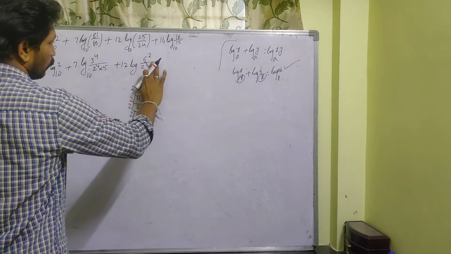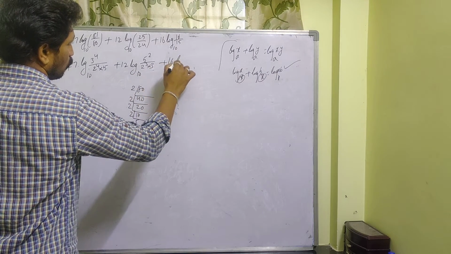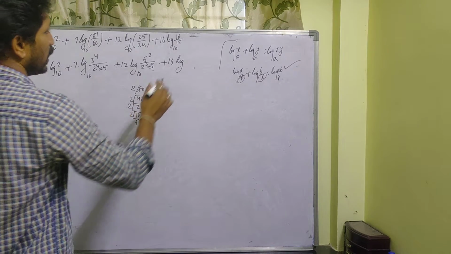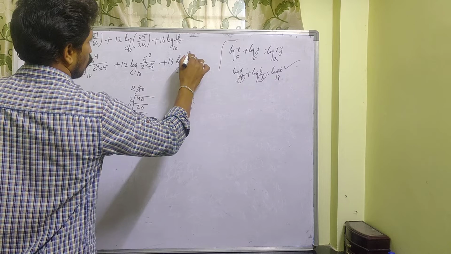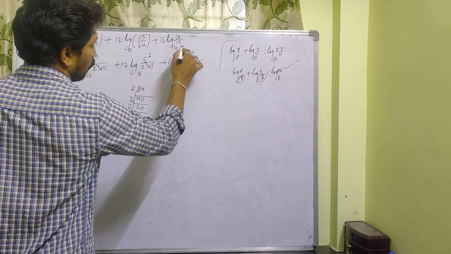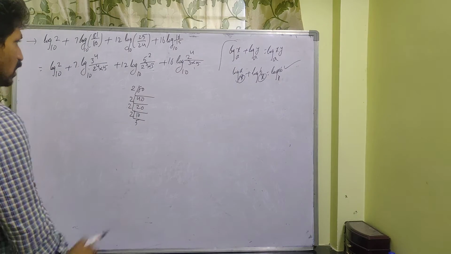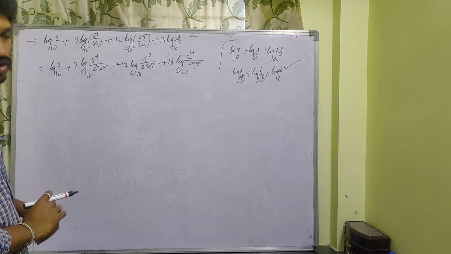2 cube into 3 with base 10, plus 16 into log 16 means you can write 2 power 4 by 15, that is 3 into 5, base 10 you can write. This is simplifying the numbers here, numericals.